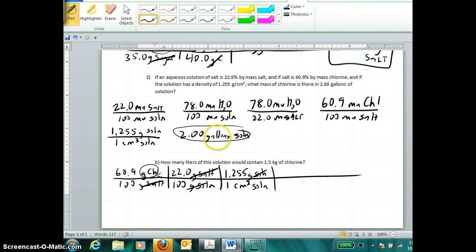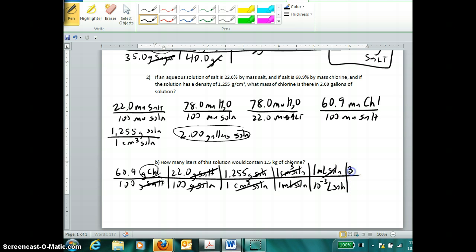No problem. If I can convert cubic centimeters to gallons, I can use this to make my final cancellation. 1 centimeter cubed of anything equals a milliliter of that thing. And of course, 1 milliliter is 1,000th of a liter.